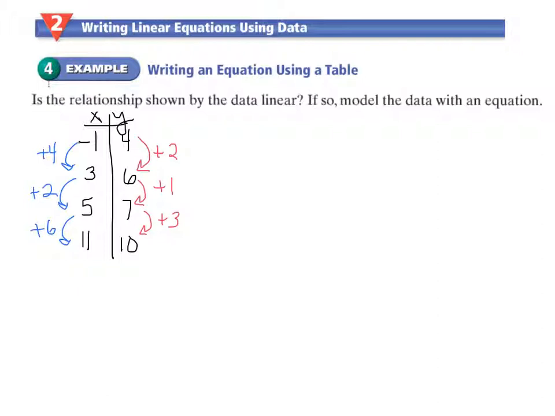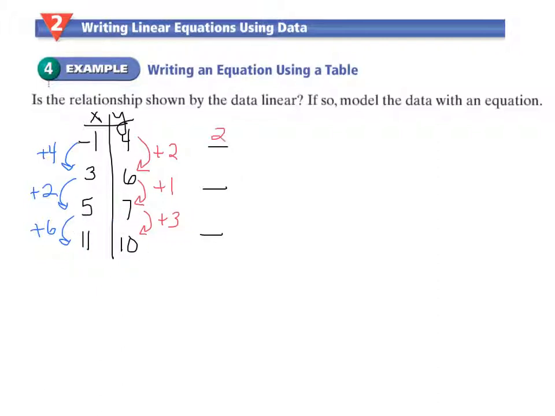We have to find the slope: change in y over change in x. It's something you will use so many times. So we're going to find the slope from this point to this point, this point to this point, and then this point to this point.